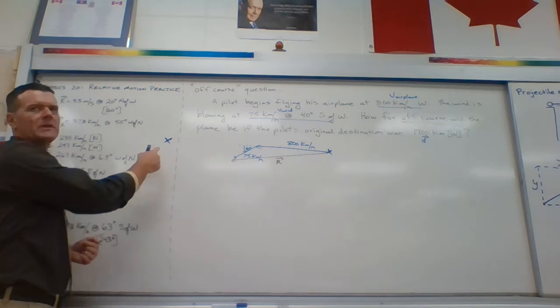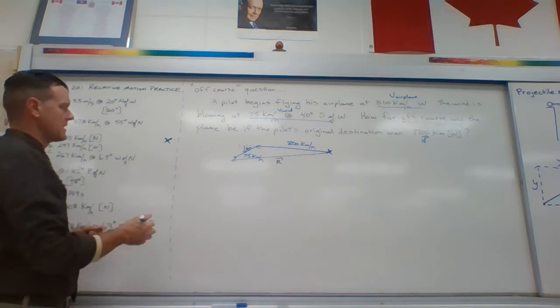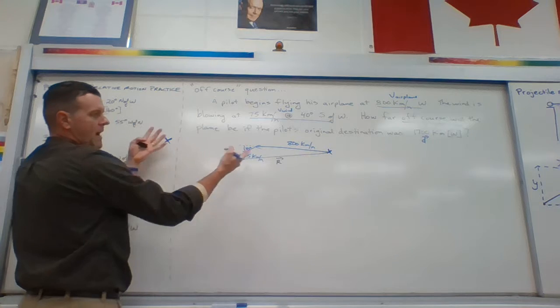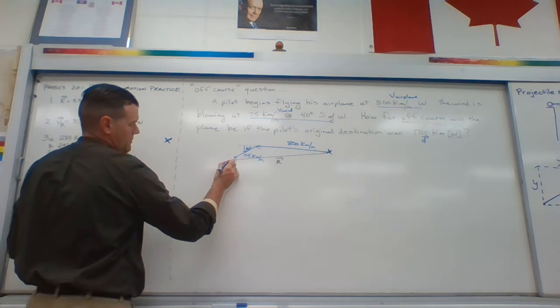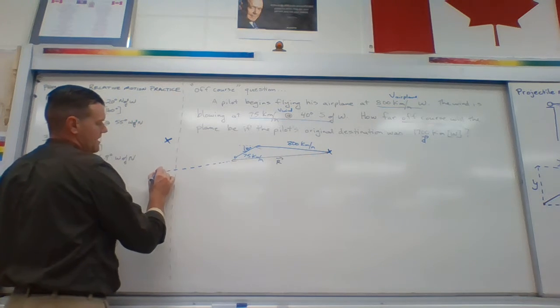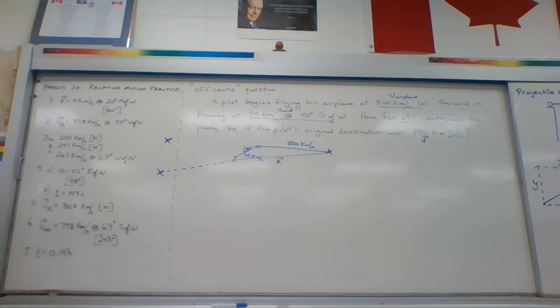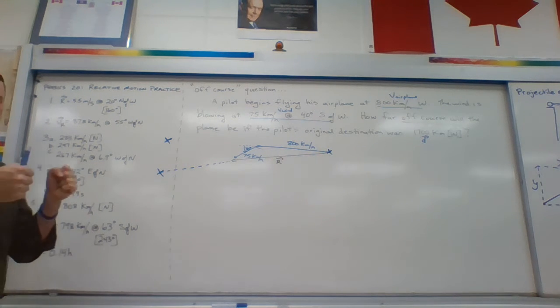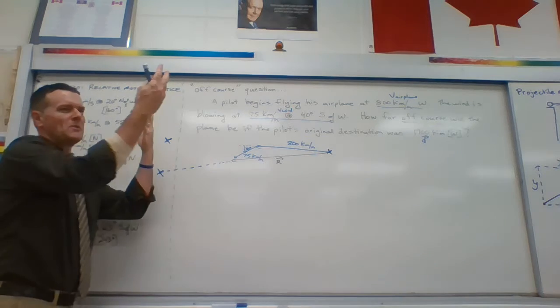He's trying to get here, but he's never going to make it if he doesn't correct anything. If we extrapolate his trajectory, he's going to end up somewhere there, okay? He just keeps flying, and the wind will just keep pushing him off course.